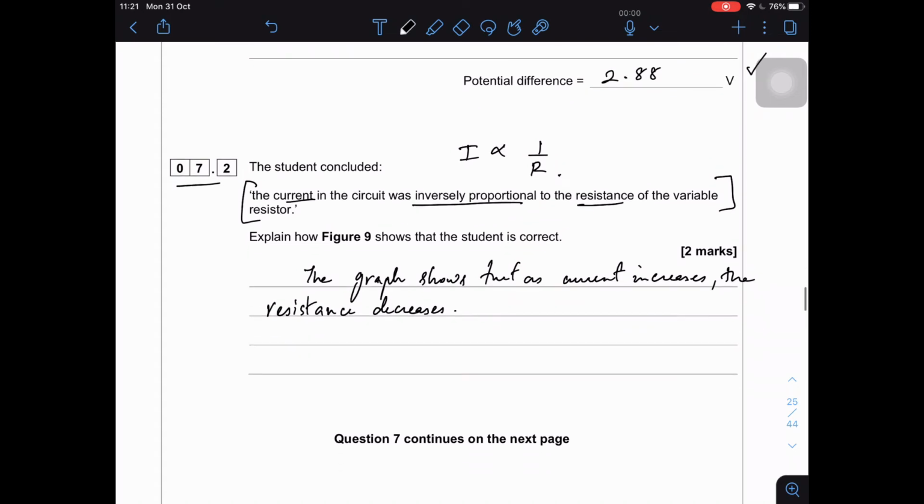So you need to also add the product of current and resistance is a constant.